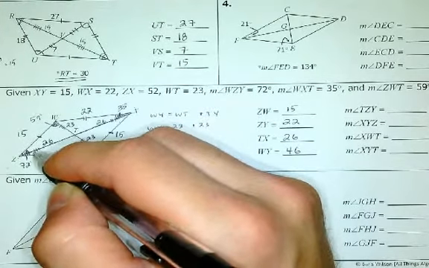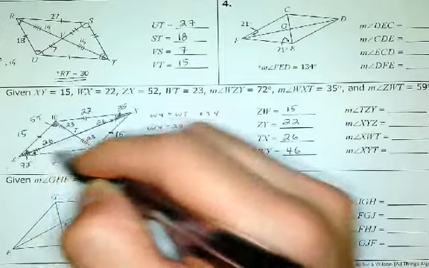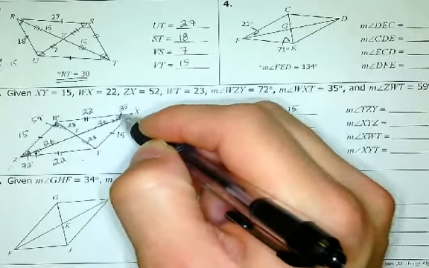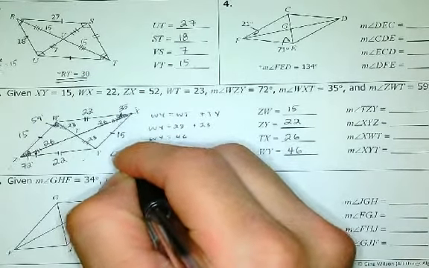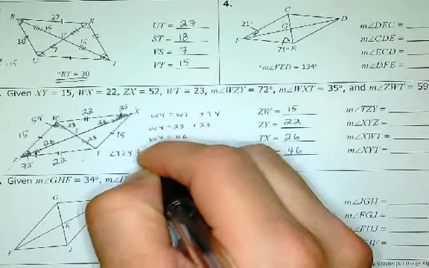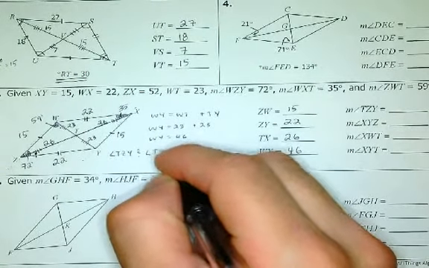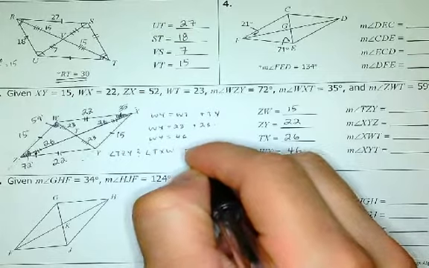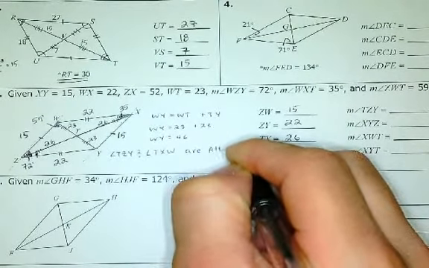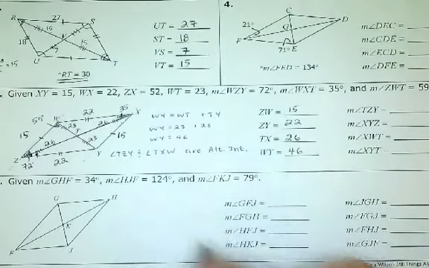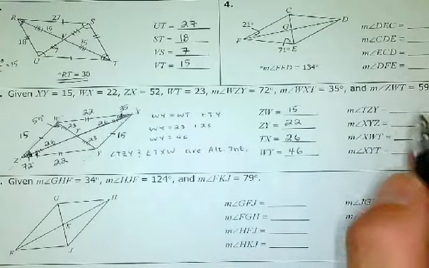So TZY, this guy right here, is alternate interior angles with this 35 degrees. TZY and angle TXW are alternate interior angles. Remember, alternate interior angles are congruent. So this guy is 35 degrees.